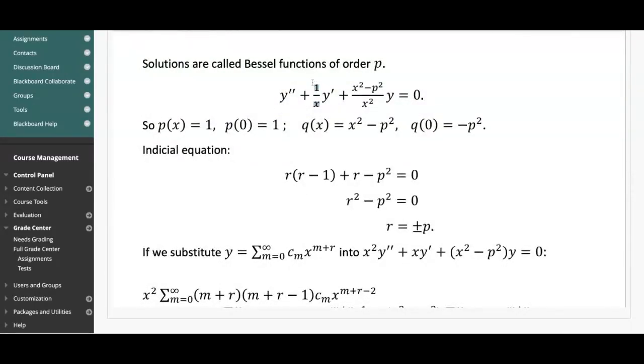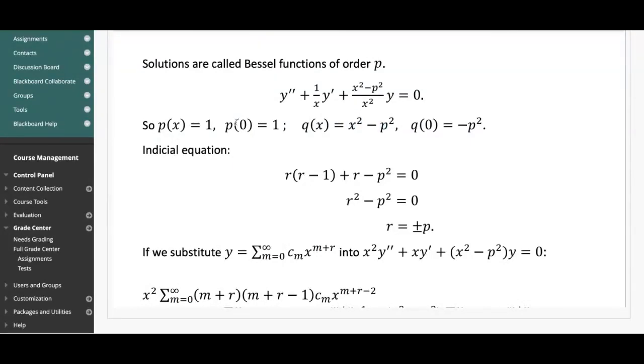So this is our capital letter P. This is our capital letter Q. The lowercase p is x times the capital Q, P, so we get 1. The lowercase q is x squared times the capital Q, so x squared cancels 1 over x squared to be 1. So lowercase q is just x squared minus p squared.